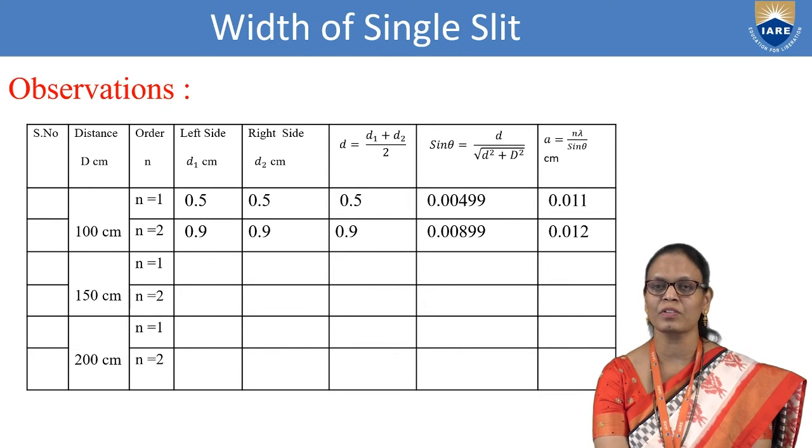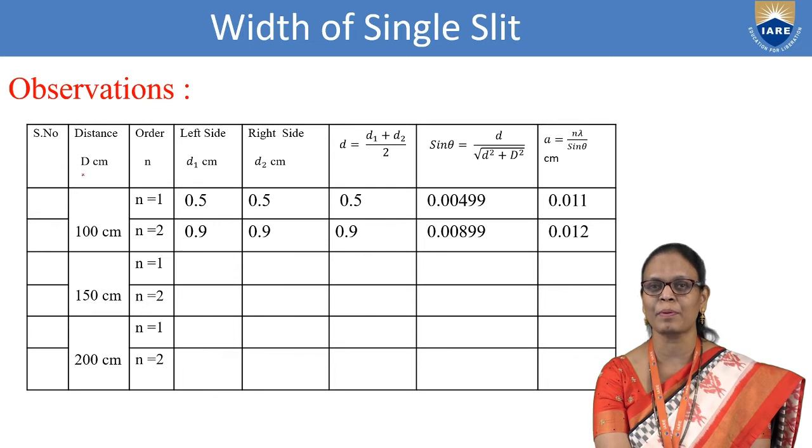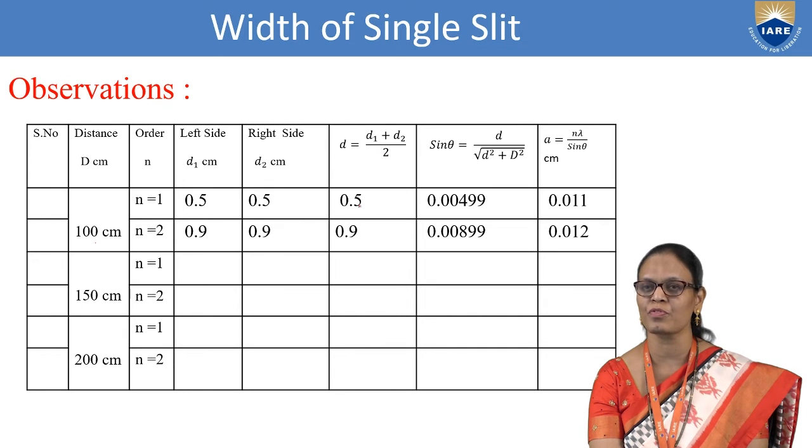So how we go about it is, for the first reading, we have put capital D as 100 centimeters. For the first order, n is equal to 1, small d1, that is the distance from the central maxima to the first order maxima on the left, is 0.5, and on the right it is 0.5. So we get the average, d is equal to (d1 plus d2) by 2, that is 0.5.